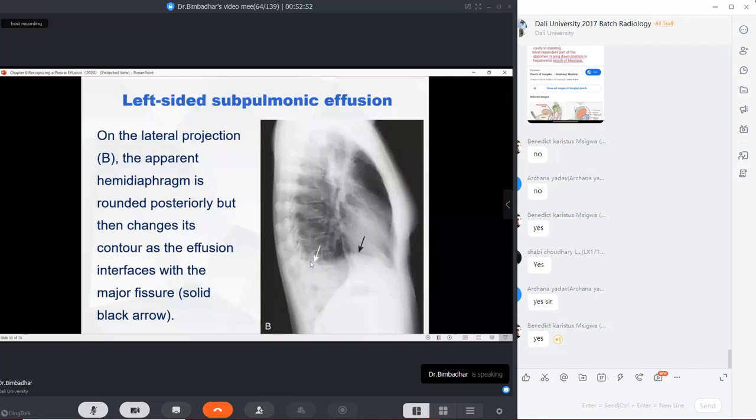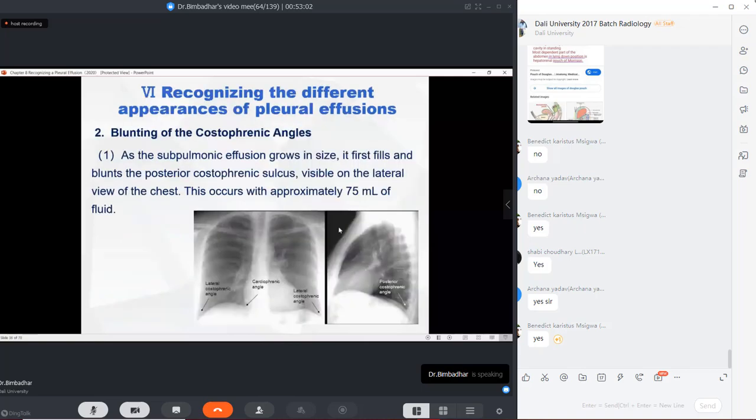Generally, at undergraduate level, you should be able to interpret a pleural effusion on a PA view. Now, how can I recognize the blunting of the costophrenic angles?